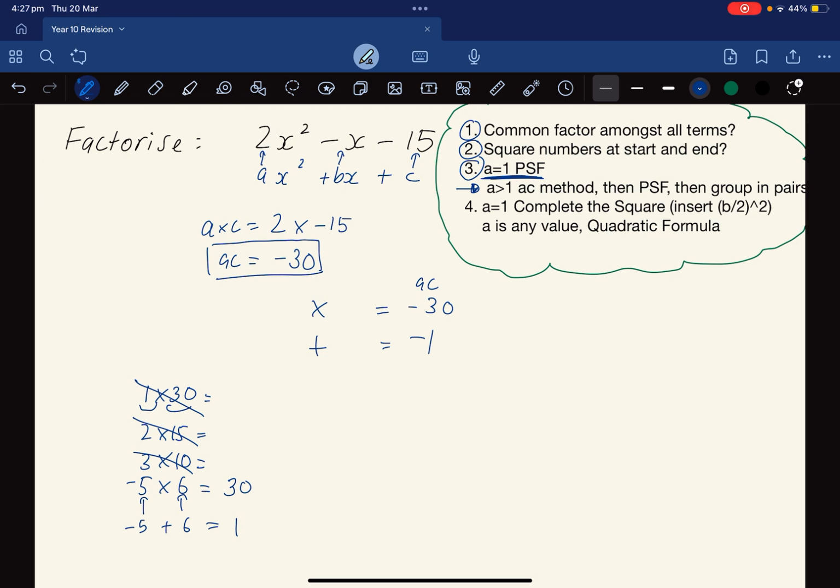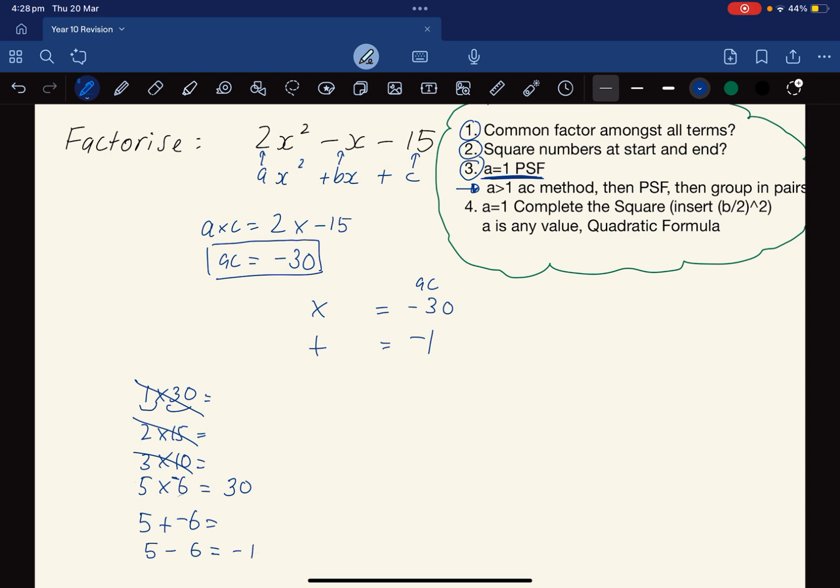So what if I try making the 6 negative? Let's just rub that out. What if, instead of the 5, I make the 6 negative, and I try to add those 2 factors. 5 plus -6 is the same as 5 take 6, which is indeed -1. So that's good.